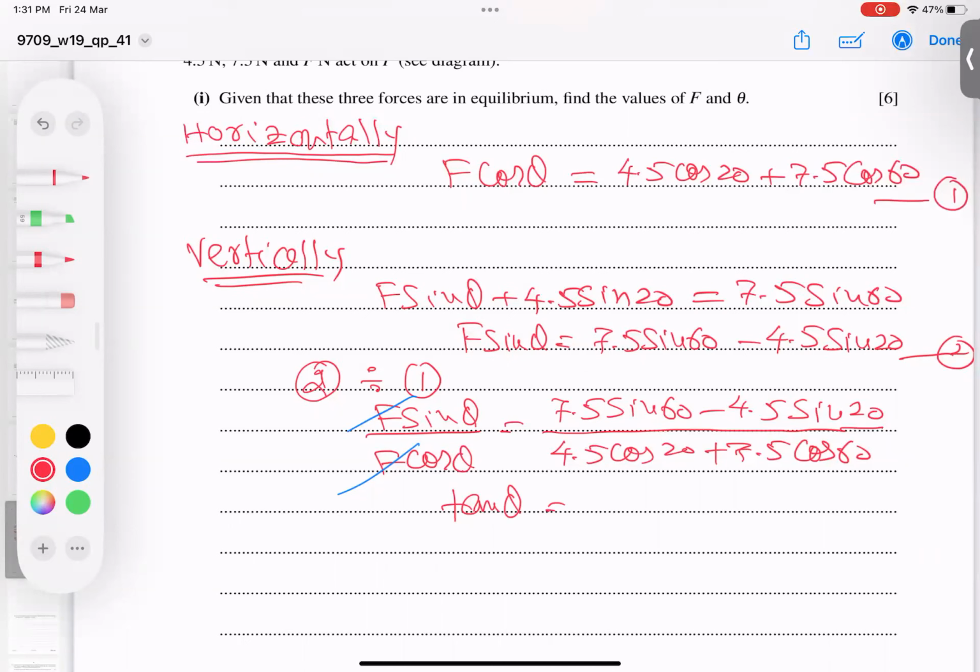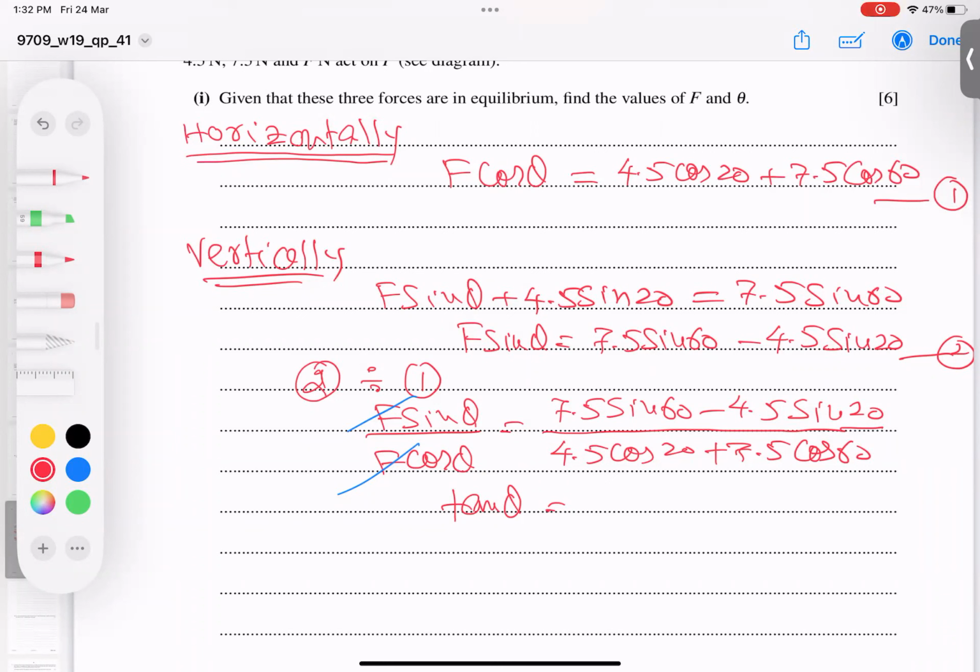When I type the whole thing in the calculator, wait a minute, students: 7.5 times sine 60 minus 4.5 times sine 20, and in the denominator 4.5 times cos 20, and plus 7.5 times cos 60.